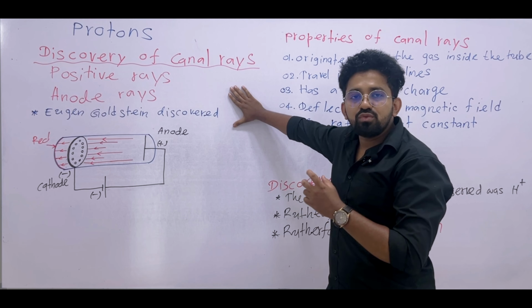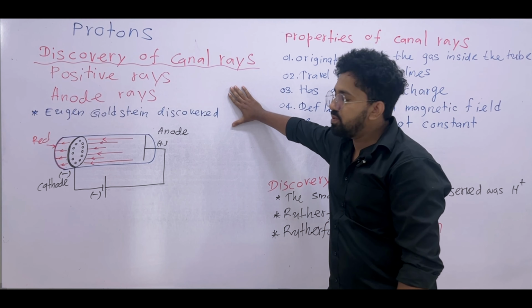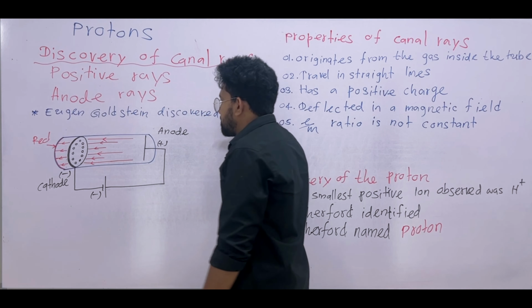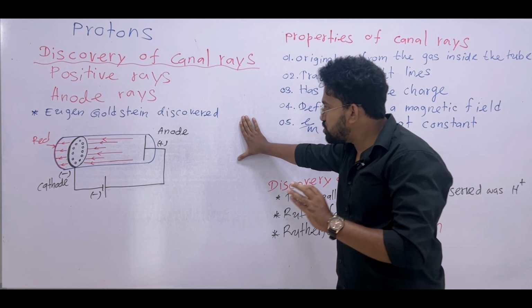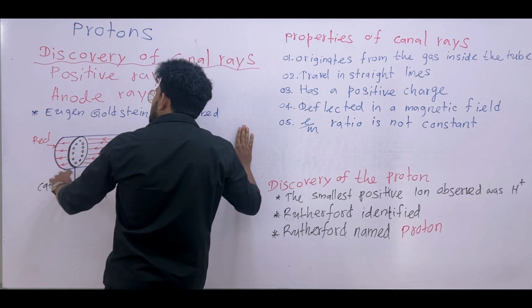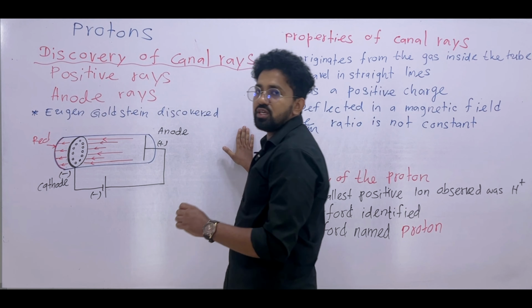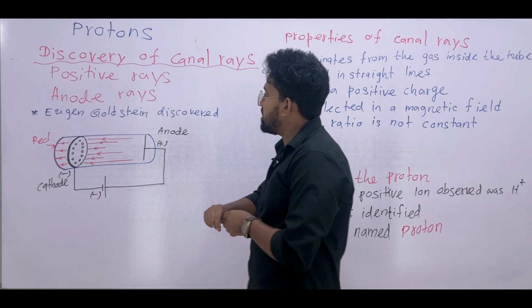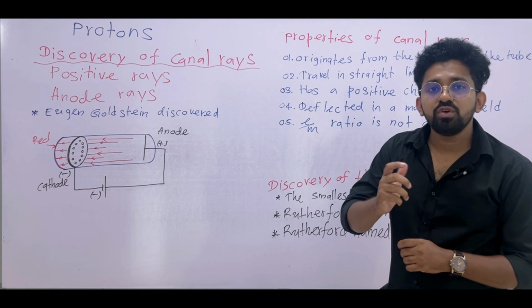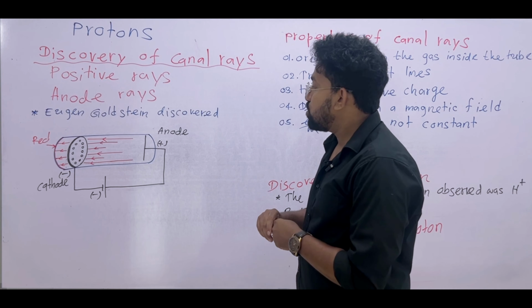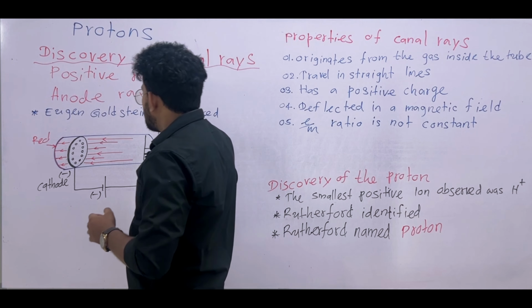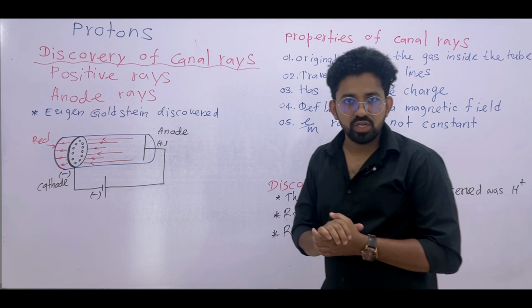He conducted some experiments. When he used a cathode with holes, he could observe that a new type of rays goes through the holes of the cathode that he used.